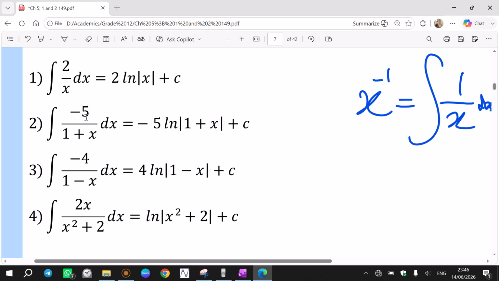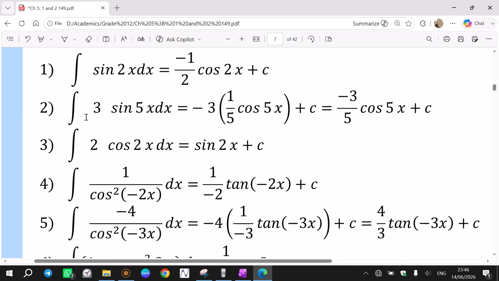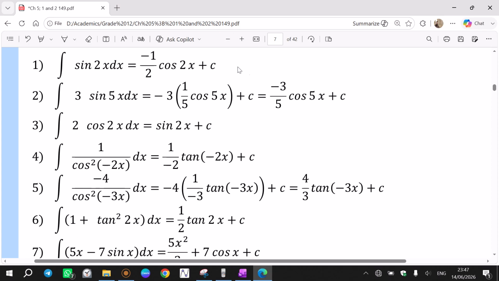Now we got the idea of ln, and we have trigonometrics. Again, in trigonometrics, the part which is called derivative of inside is very important. This thing should exist, then the integral could be completed. These are all extra examples.